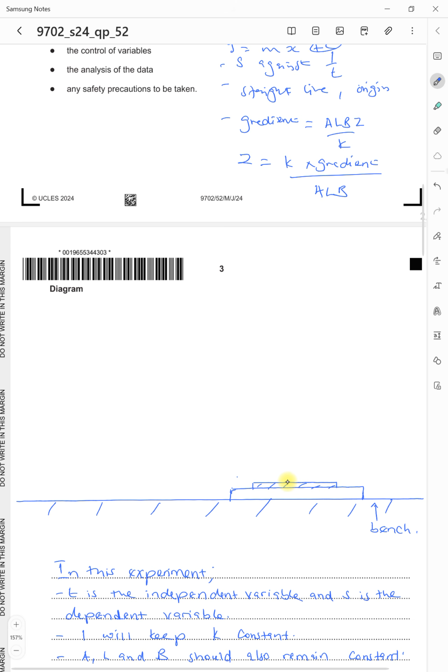So this is going to be the card. Then I'll put my cylindrical magnet. Then on the cylindrical magnet, of course, I have to attach a spring. Then on the spring, I said I will attach a pointer. Let's say the pointer is somewhere here.